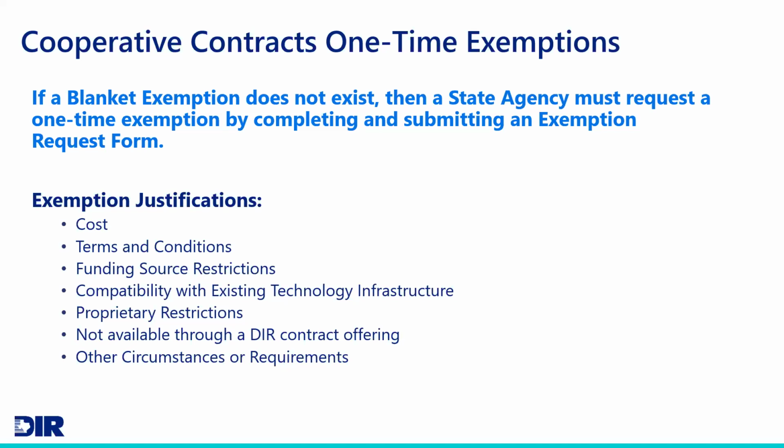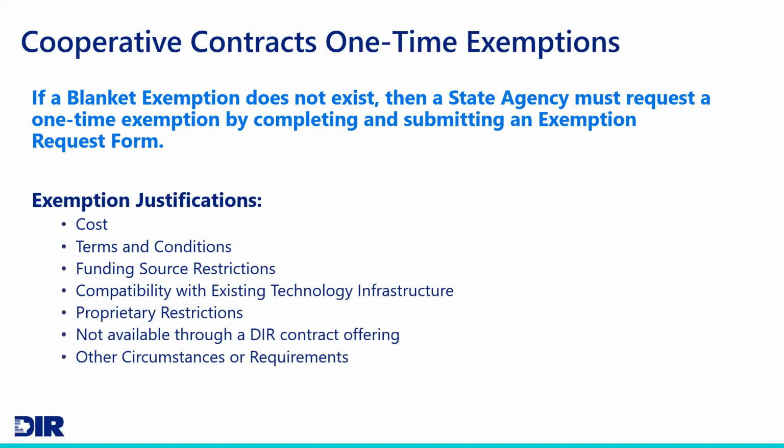Some of the justifications that you can utilize when you do that are things like cost. Maybe you found it cheaper somewhere else, and maybe you couldn't negotiate a better price through a DIR vendor. Also, maybe terms and conditions are limiting your procurement. That's certainly a justification. Or if you have funding source restrictions, maybe it's compatible with your existing infrastructure.